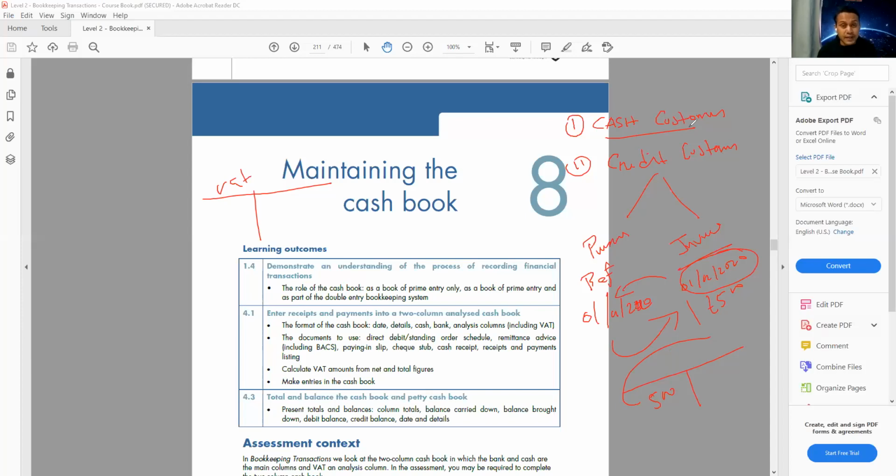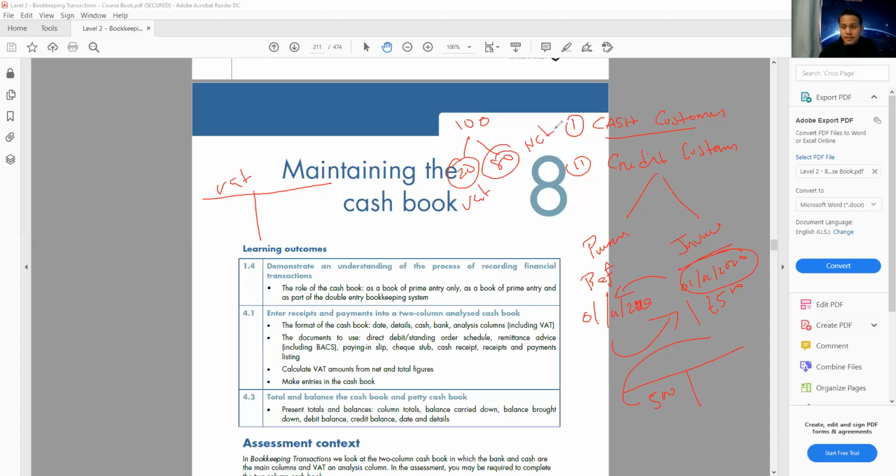So I have to split the VAT now. When I make a sale, for example, if I make a sale for £100 and out of 100, 20 is for VAT and 80 is for the net cash sale, I'm going to say VAT is 20, I'm going to split the VAT here, and I'm going to keep 80 for the net.